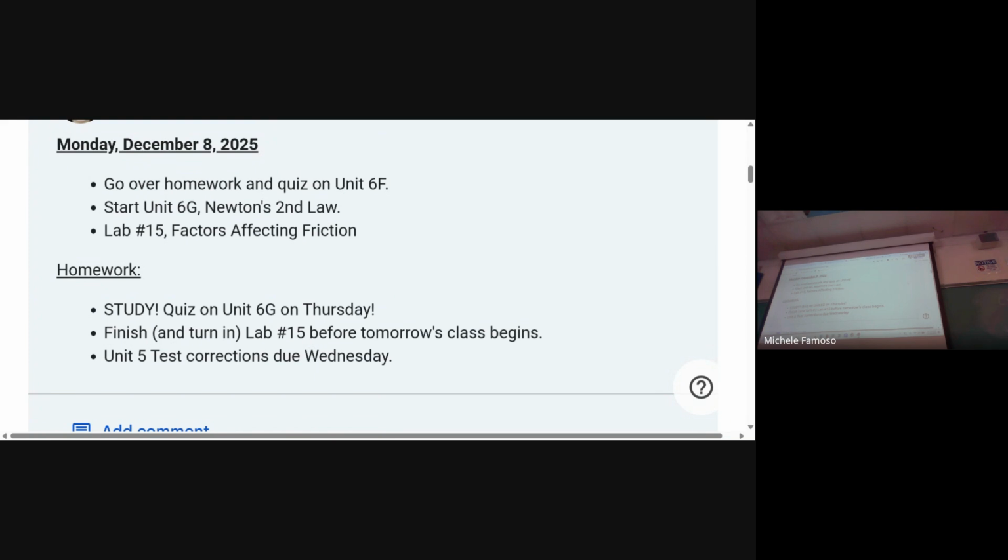Now, I am not going to do this lab with you. Rather, I want to show you how to use the lab simulation to help you do the lab and just go over what I expect you to do with the lab. So that way there's no confusion about what's expected. So that way you can get 10 out of 10 the first time you try this lab.